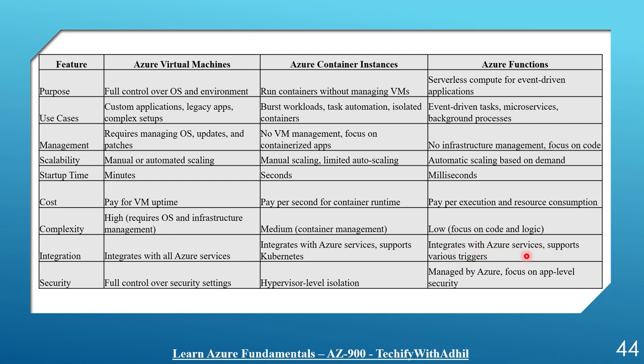Functions integrate with Azure services and support various triggers. Security: full control over security settings for VMs, hypervisor-level isolation managed by Azure for containers, and for Functions we focus on app-level security. The rest is managed by Azure, so we just have to focus on the application we are going to trigger.